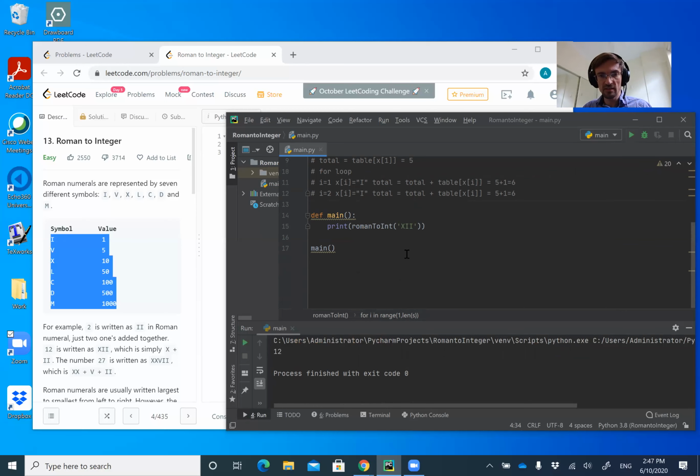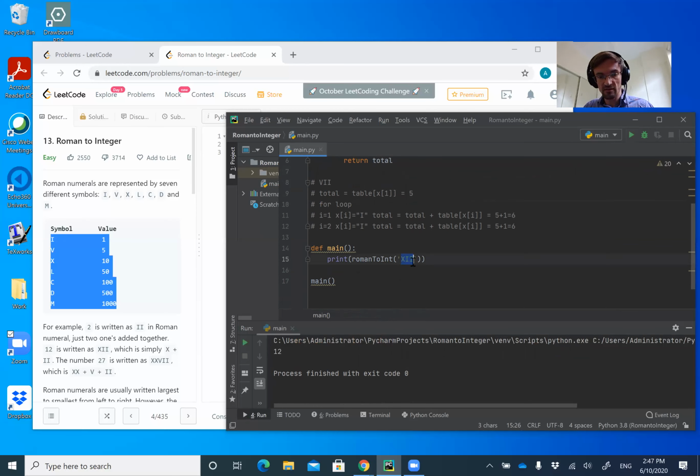So far so good. Now the problem is if we were dealing with something like 4, right? If we run that, we get 6.